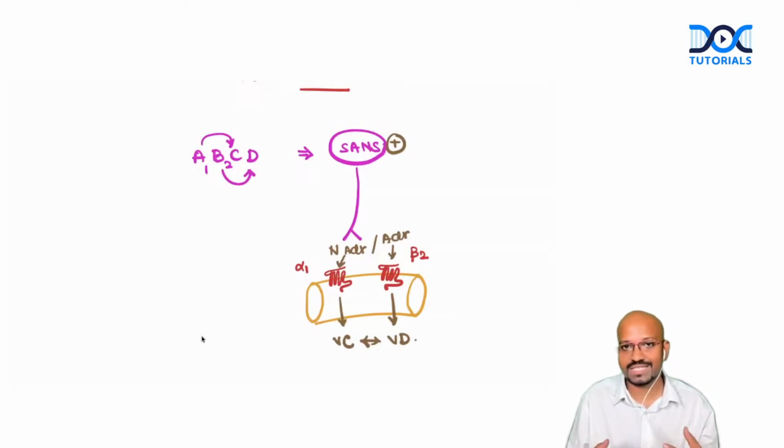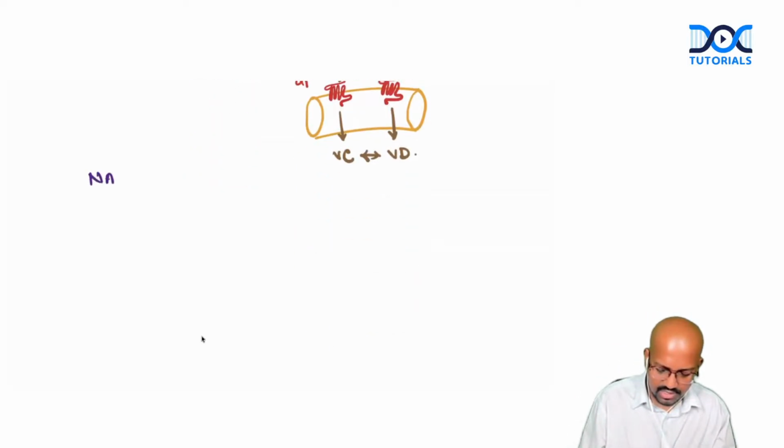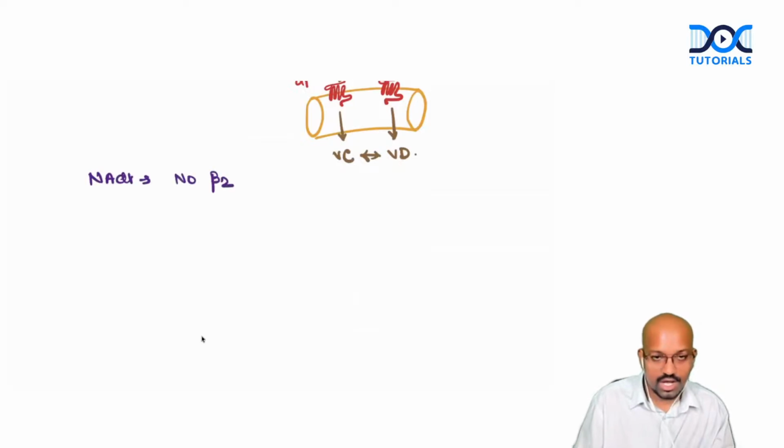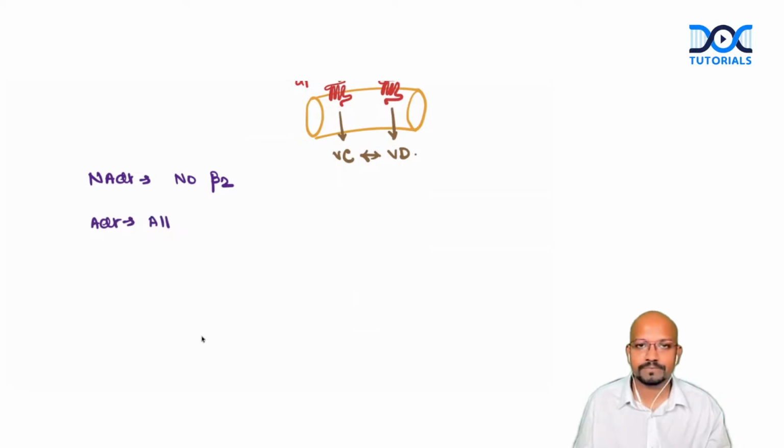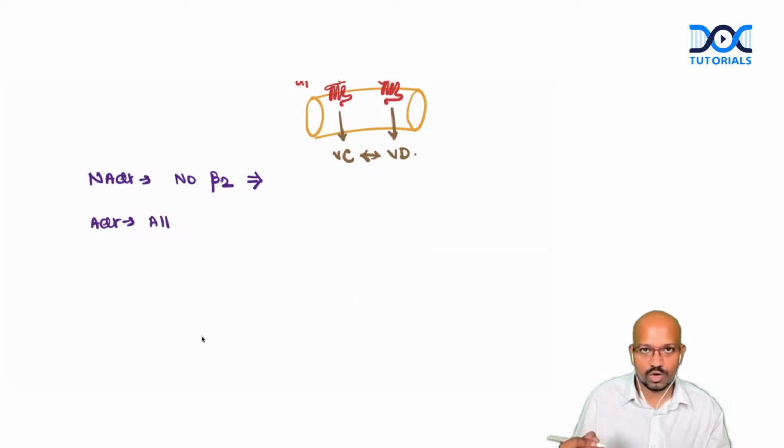Now we'll look into what exactly is the meaning of vasomotor reversal. As I've told, noradrenaline has got no beta 2 activity. We have discussed that already. Adrenaline will be having action at all the receptors. So whenever there is increased concentration of noradrenaline, there will be only vasoconstriction, because it has got no beta 2 activity.